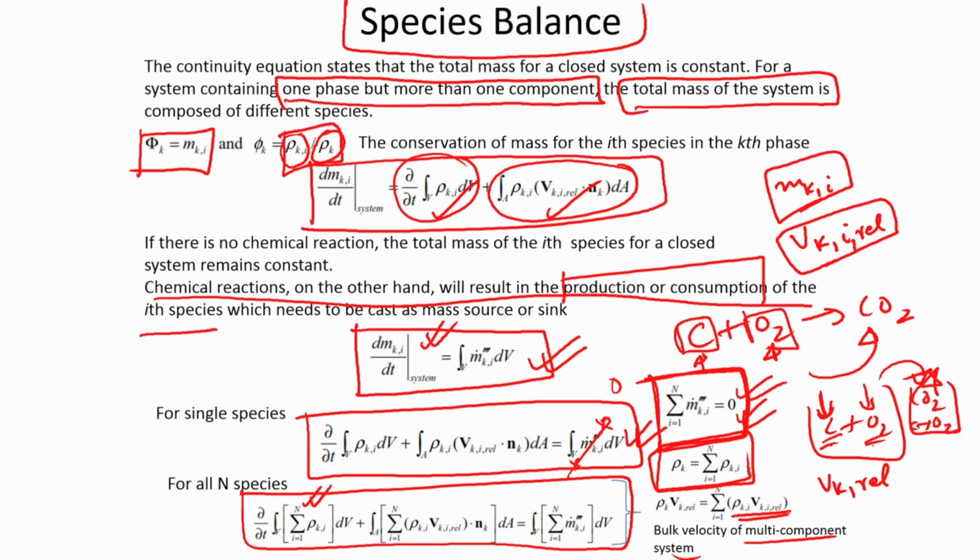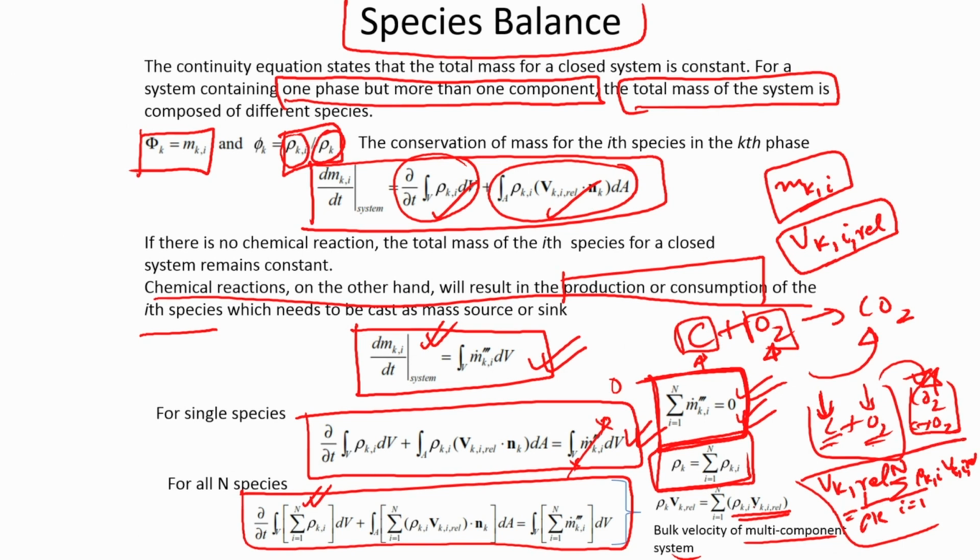It is rho k into V k, a density weighted summation of all the individual species of the system. So, that is why V k can be written as 1 over rho k, summation of I equal to 1 to n rho k I into V k I relative, right. So, that you can say from this particular expression.